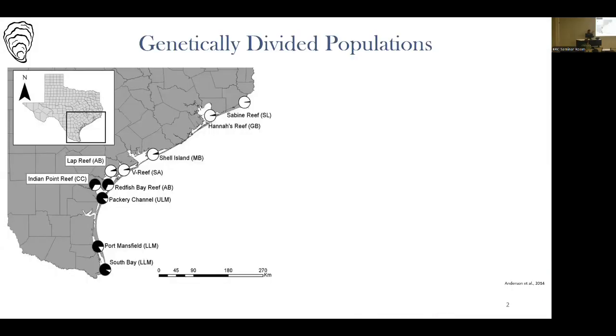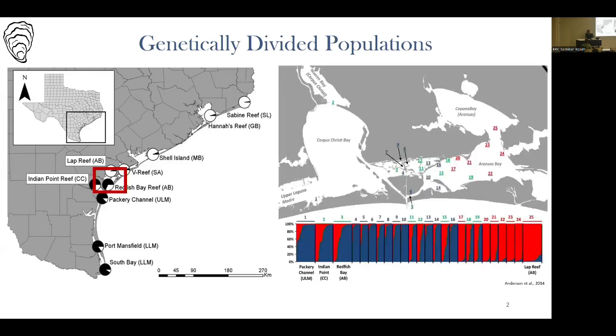So as a lot of you here may know, in Texas we have a very unique eastern oyster population where the north part of the state and the south part of the state have different genetic makeups. The pie graphs show the northern genetic makeup in white and the southern genetic makeup in black, with the Corpus Christi Aransas Pass area acting as a transition zone.